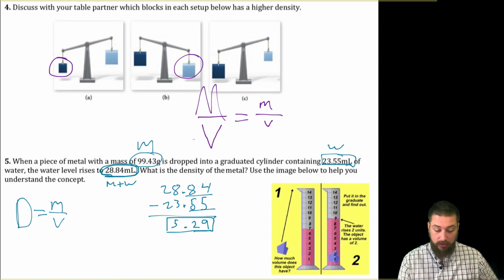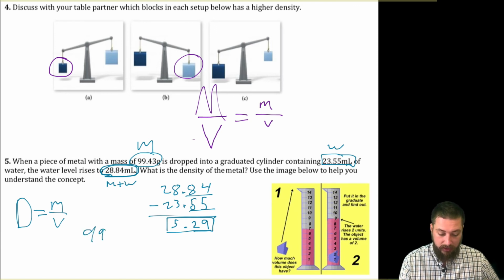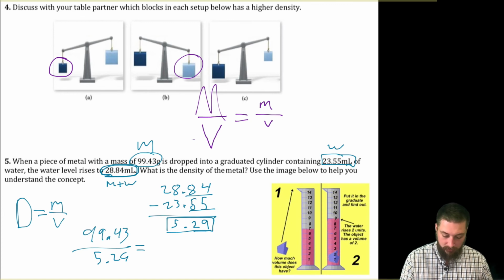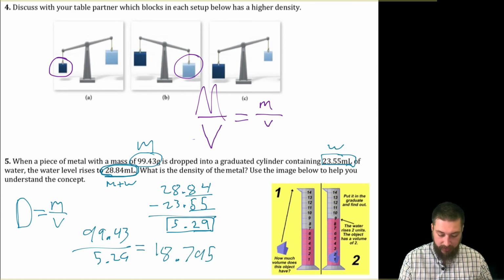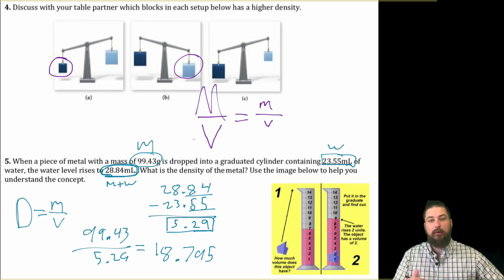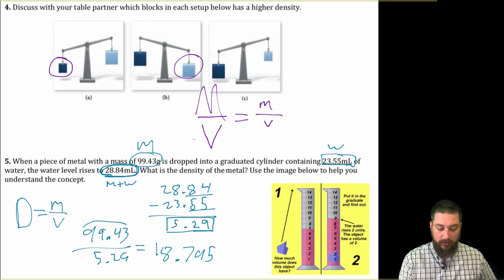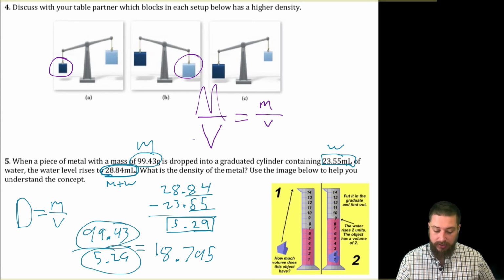And now all we need to do is plug this into our equation here. So we have 99.43. We divide it by the 5.29. And that will give us 18.7958 and so on. However, when dividing, what we care about is the number of significant figures. This has 4 significant figures. This has 3 significant figures.